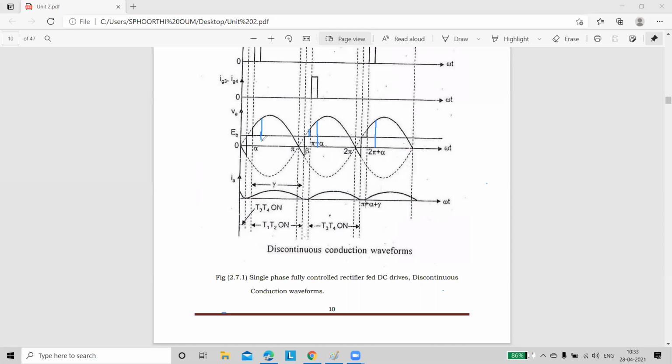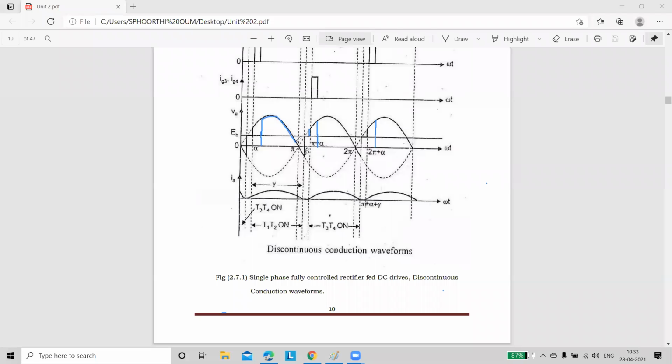If our firing angle is increased a lot, then what happens? Think about it once. What happens to these waveforms? If we increase the firing angle, the middle portion gets cut off, ma'am, due to the lag.